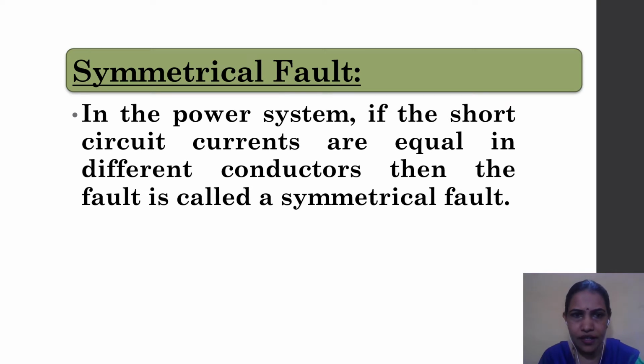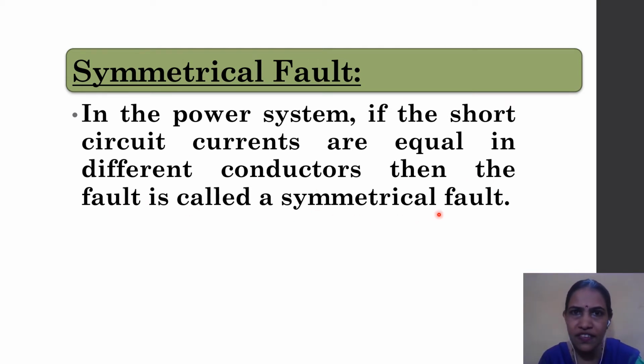Symmetrical fault current. In earlier videos, we have already covered different types of faults. Faults are broadly categorized into two groups, symmetrical fault and unsymmetrical fault. So, what is symmetrical? In the power system, if the short circuit currents are equal in different conductors, then the fault is called a symmetrical fault.